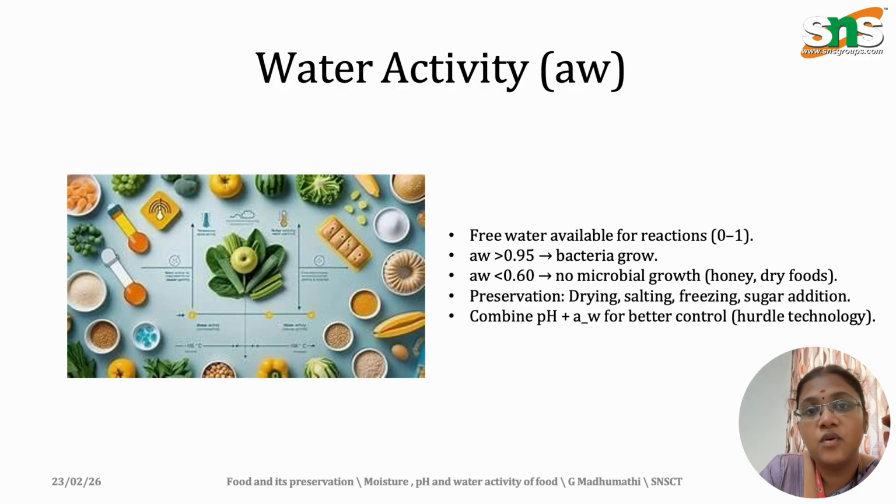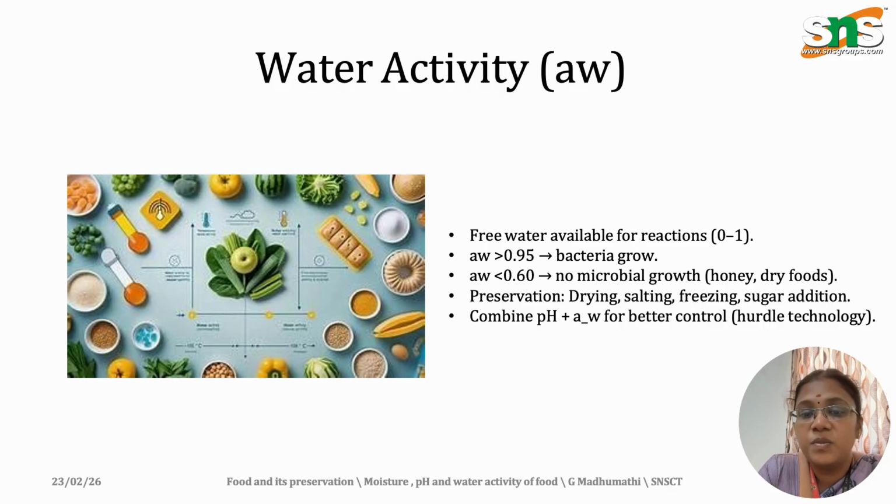And the next is the water activity. We all know water activity is nothing but the amount of free water available for reactions in a particular food material. From this we can understand that if the water activity value is greater than 0.95, it indicates that bacterial growth will be more persistent.